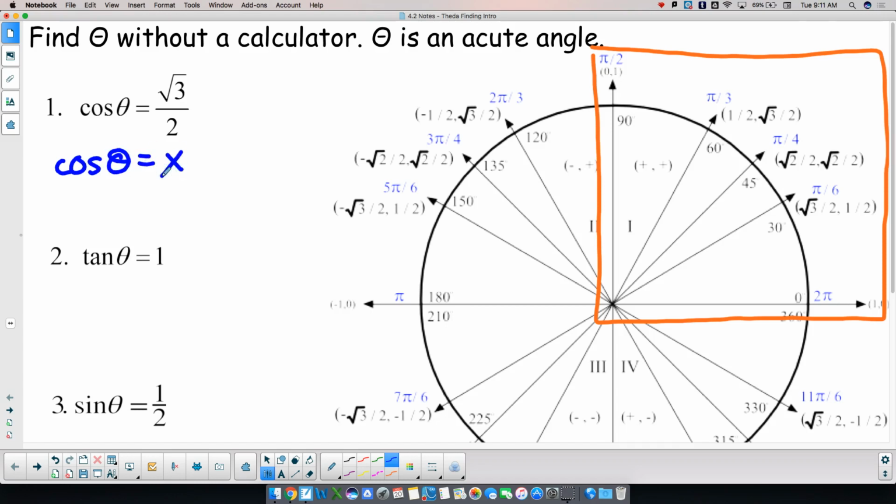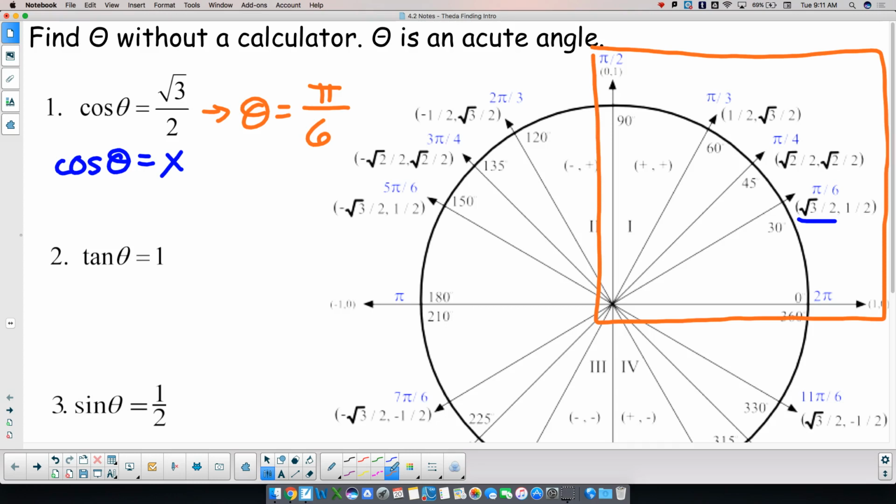So I want to know in the first quadrant, where is x equal to the square root of 3 over 2? Well, that happens right here at pi over 6. So theta here would be pi over 6, working in reverse of what we were just working forwardly on the unit circle.